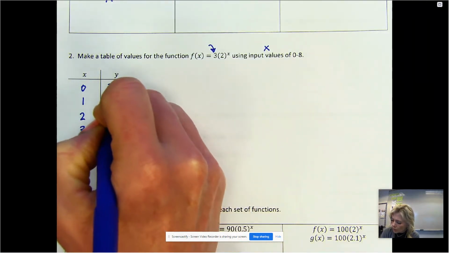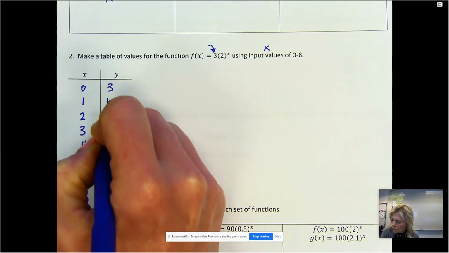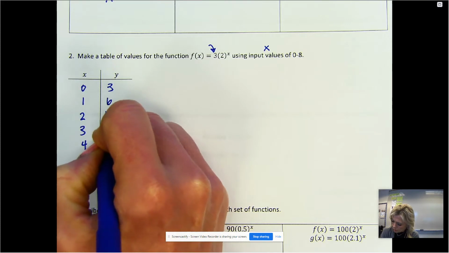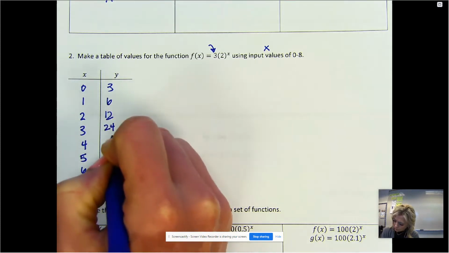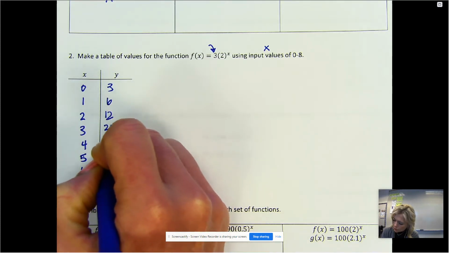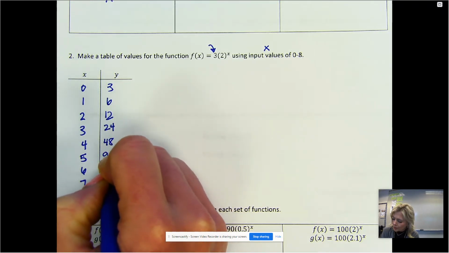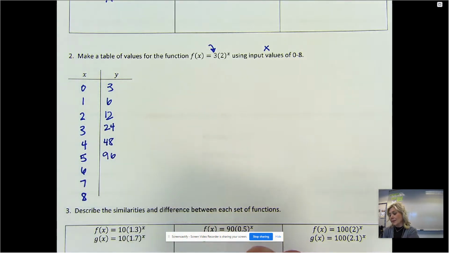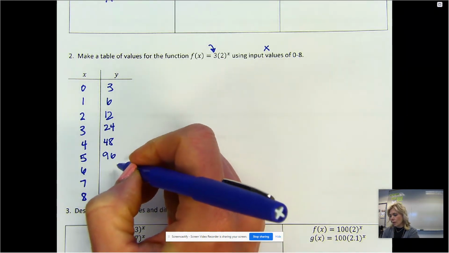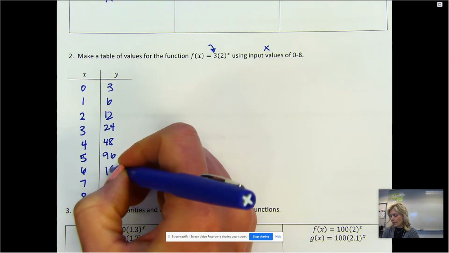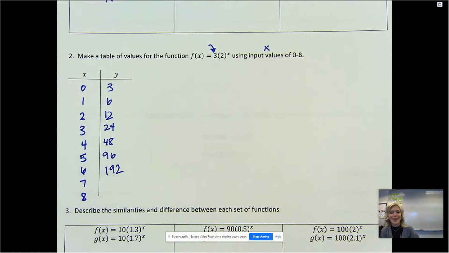So 3 times 2 is 6. 6 times 2 is 12. 12 times 2 is 24. 24 times 2 is 48. 48 times 2 is 96. 96 times 2 is 192. Oh, this is getting hard.